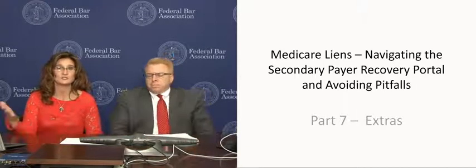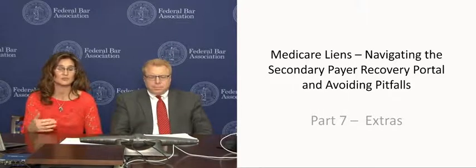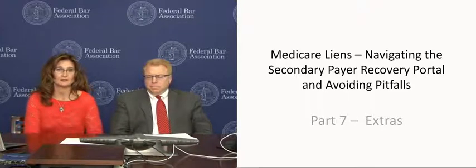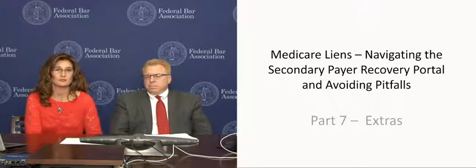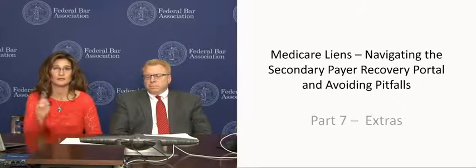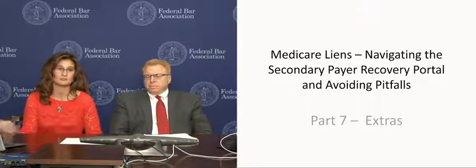But the insurance companies have a responsibility to take some proactive steps to go and get recovery if their insured makes a third-party claim. The Medicare program does not have that responsibility. It is your responsibility to tell Medicare that it has a claim. It is not Medicare's responsibility to tell you it has a claim.